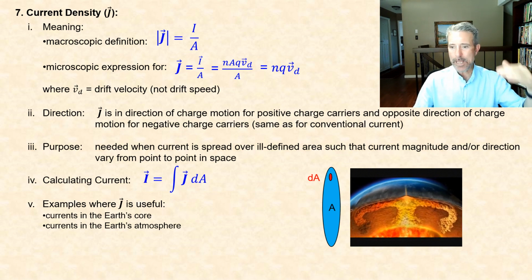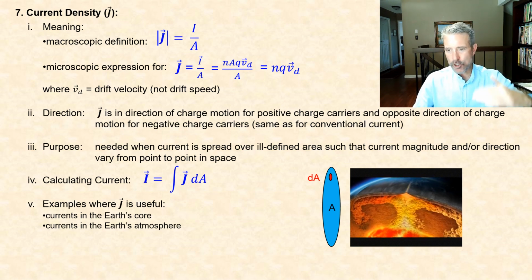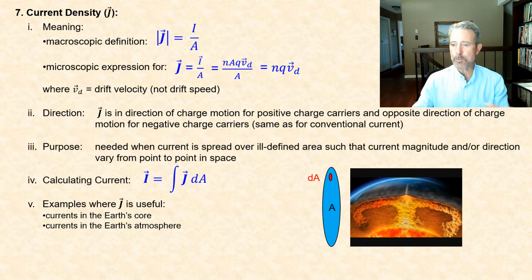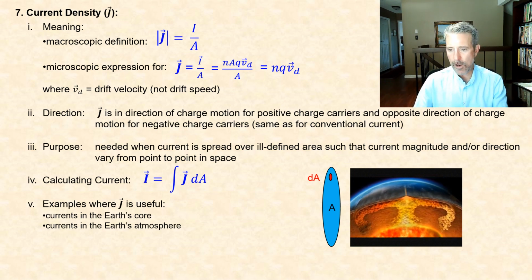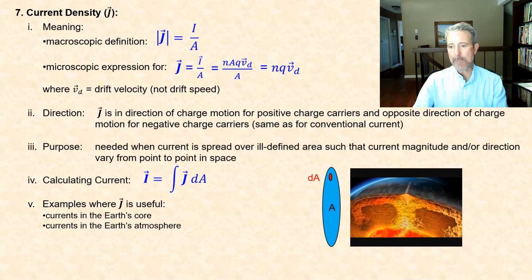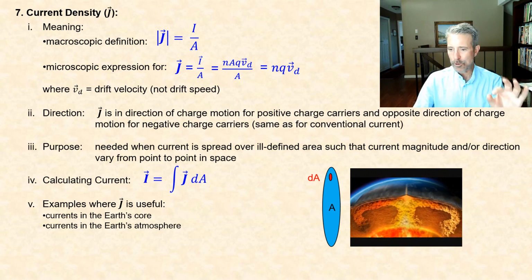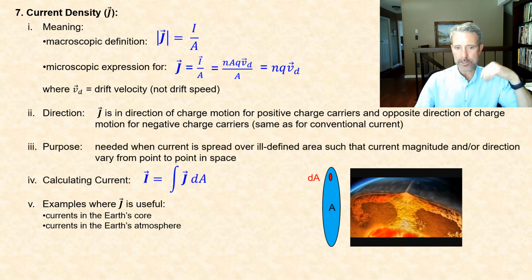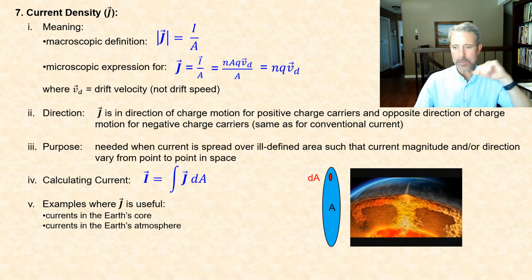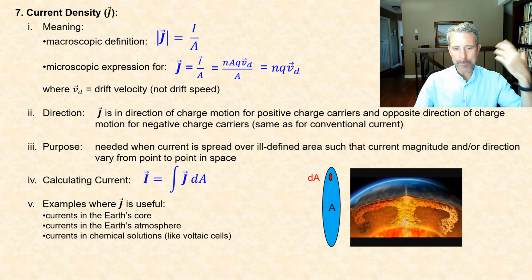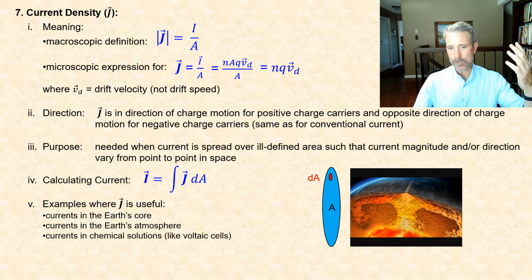You cannot assume that the amount of charge passing a large region of space per unit time would be constant in time, in which case you have to look at a much smaller region of space when you're calculating the current. Currents in chemical solutions like voltaic cells.